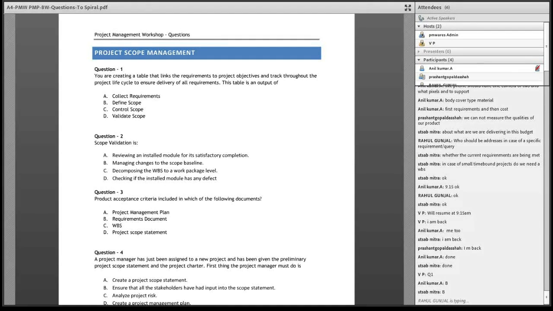Okay, so the question is, you're creating a table that links the requirements to project objectives and tracks them through the project life cycle to ensure delivery of all the requirements. This table is an output of, so which table is he talking about? Can you tell me which table he is talking about?